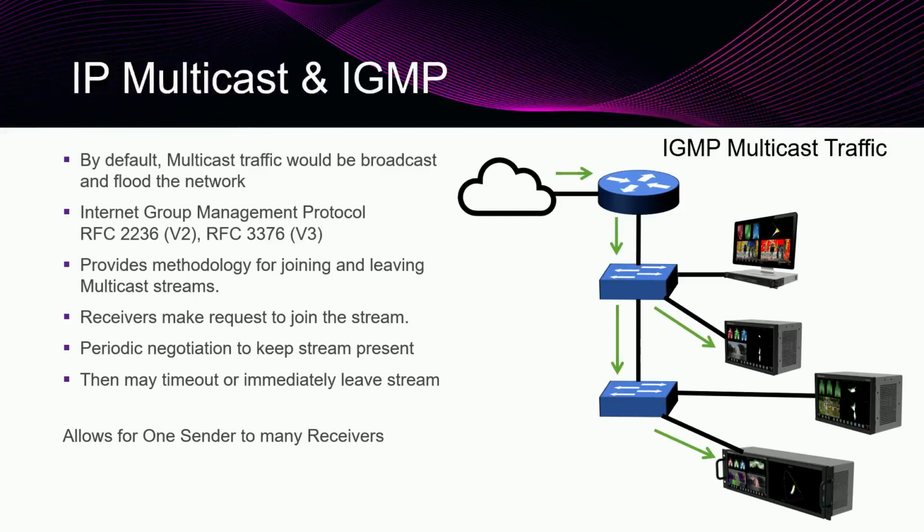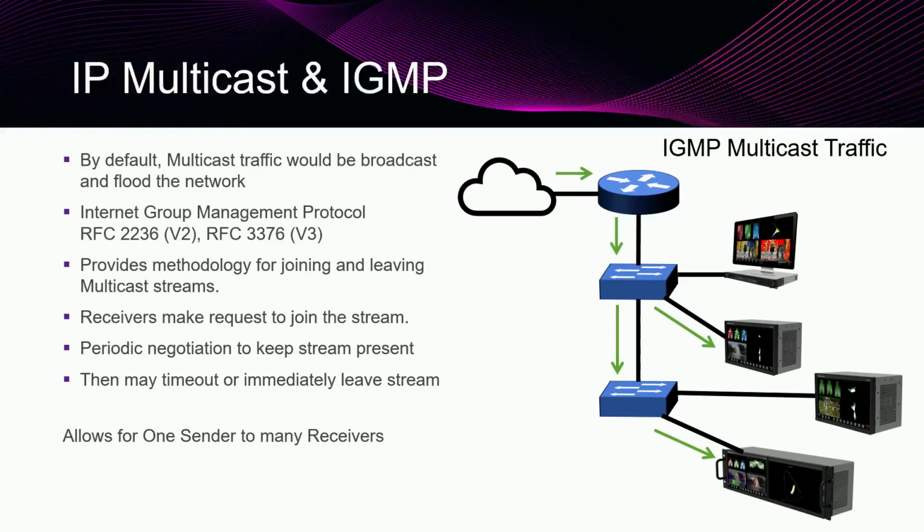In the IGMP system, endpoint equipment sends an IGMP join to get a stream from a source to the endpoint, and endpoint equipment sends an IGMP leave to stop the stream from the source device.